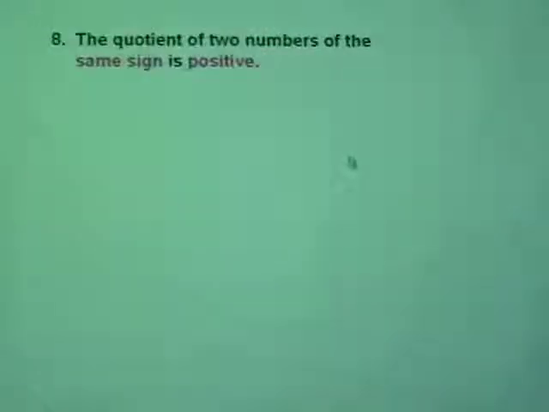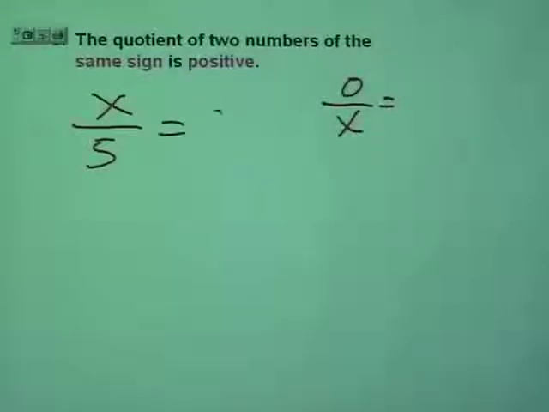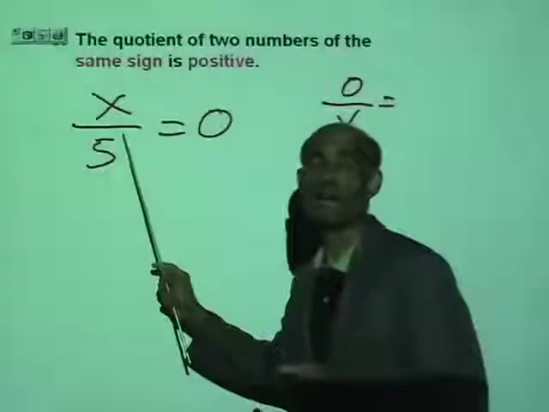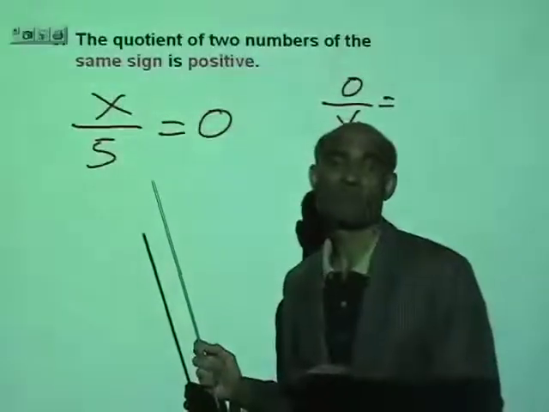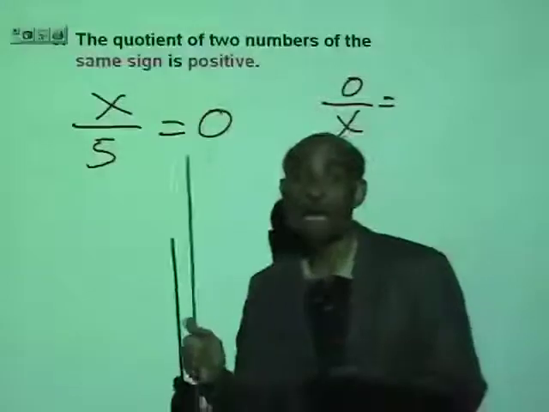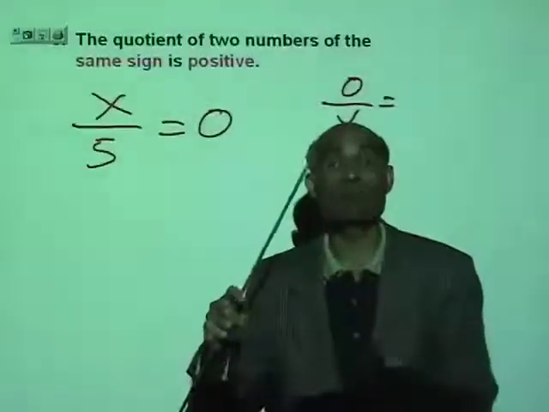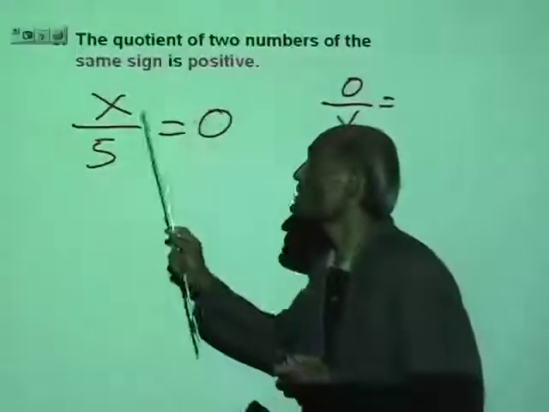I say x divided by, well, 0 divided by x equal to, no, let me revise my writing. X divided by 5 equal to 0. Suppose I give you this and ask you, what is the value of x? You know that 0 divided by any number is 0.